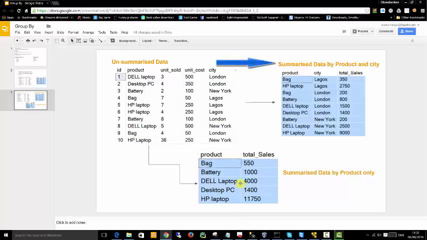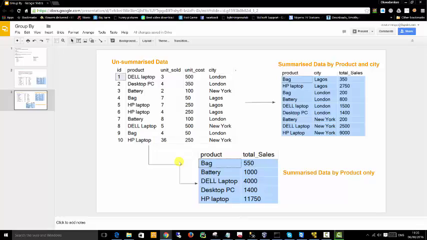But if we're interested to see by region and say, okay, in London, how many products were sold of bag? In New York, how many products were sold of bag? In Lagos, how many products were sold of bag? Then when you're writing your group by, you have to specify both product and city.